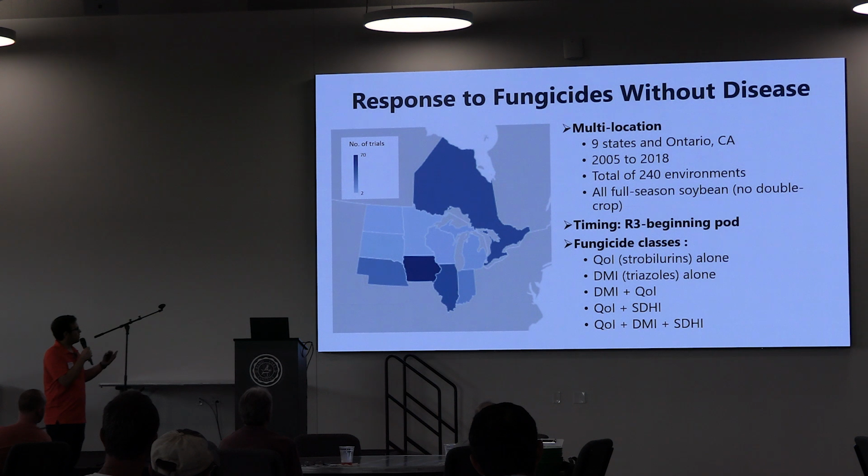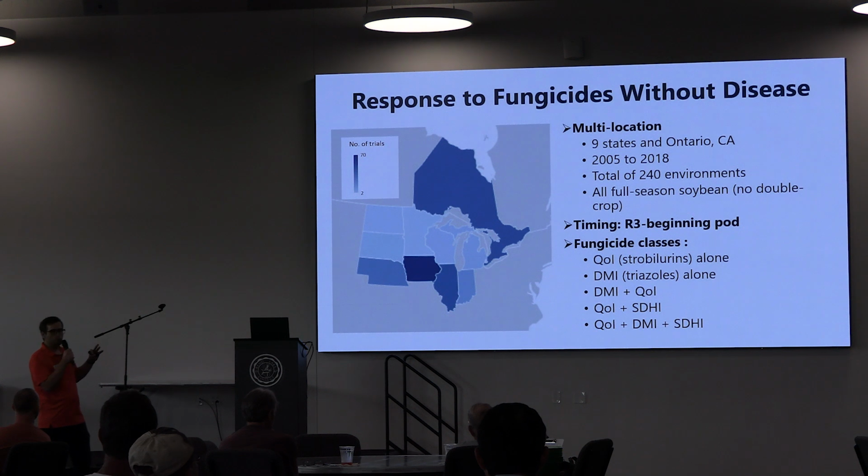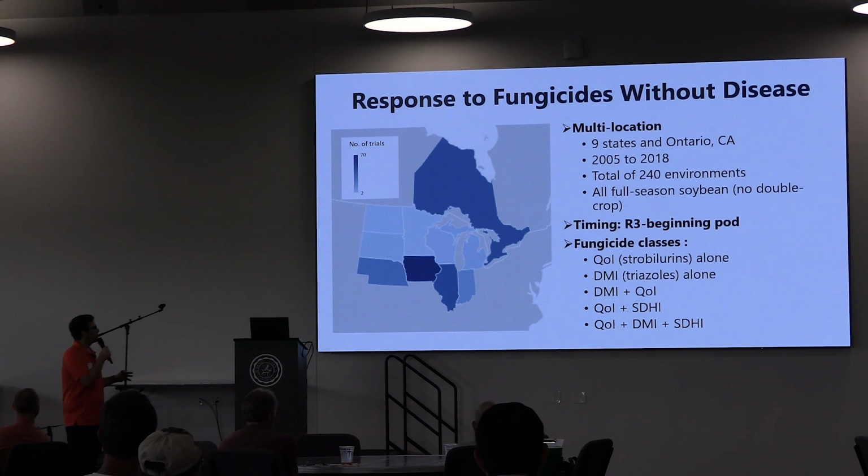So the trials are from many states, including Canada, many years, a total of 240 environments, with a significant amount of trials conducted here in Illinois. And all were full season soybeans, no double crops included. The timing that they followed was always at R3 or beginning of pod, and they had different treatments with different chemical classes and their combinations.